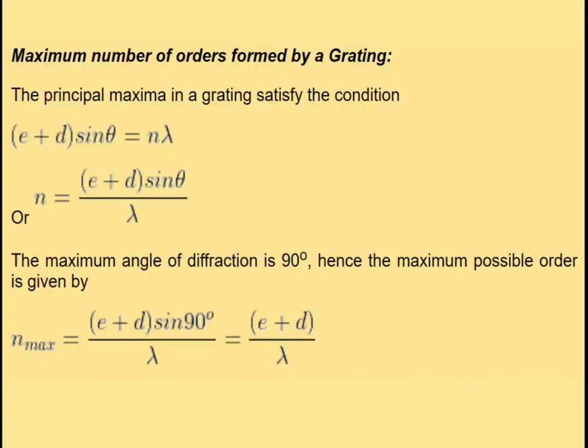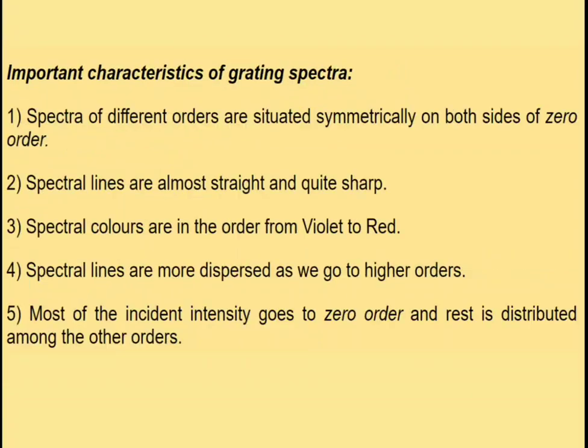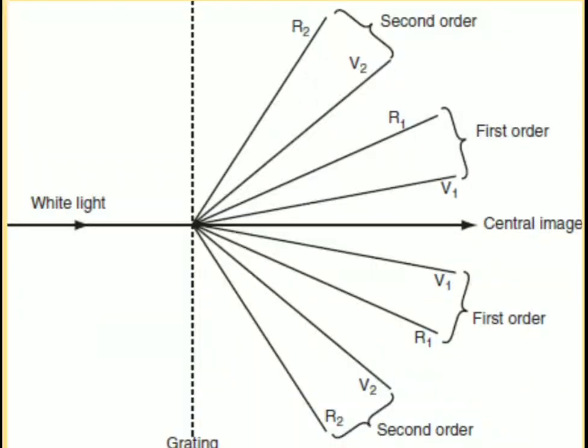The maximum angle of diffraction is 90 degrees. So the number of orders formed are only below 90 degrees. That means beyond the grating plane we cannot observe the spectrum. This is the grating and this is the zero order, so we can observe spectrum only within this angle.